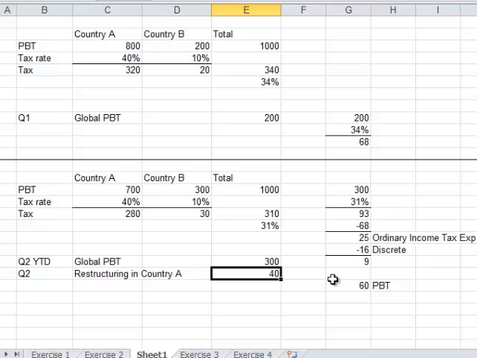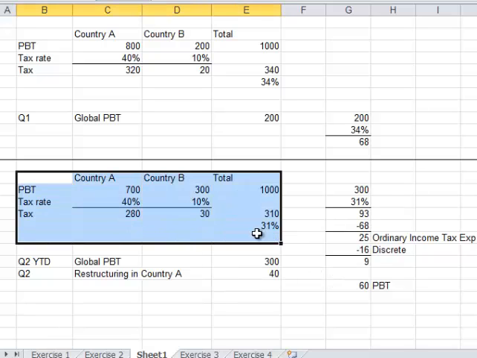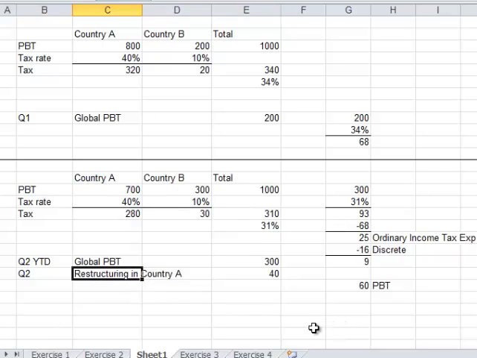Because I know that this $40 charge relates just to country A. There's not a mix of income thing here where I need to blend that amongst multiple jurisdictions. I labeled it as country A on purpose to say that that charge has a country A tax effect, but not a blended rate tax effect.